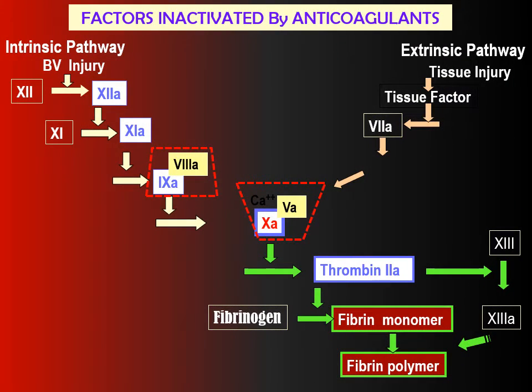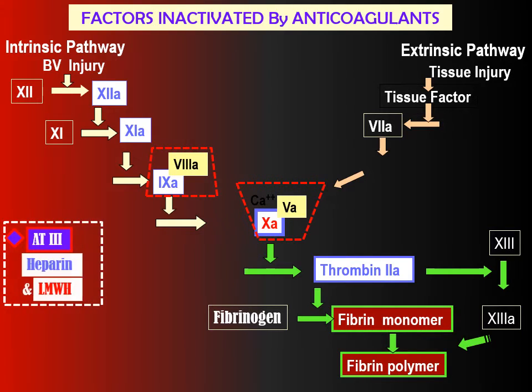So the factors inactivated by anticoagulants can be summarized as follows. By the inhibition of antithrombin 3 by heparin and low molecular weight heparin, these factors, the factor 12A, 11A, 9A, 10A, and thrombin 2A are inhibited.